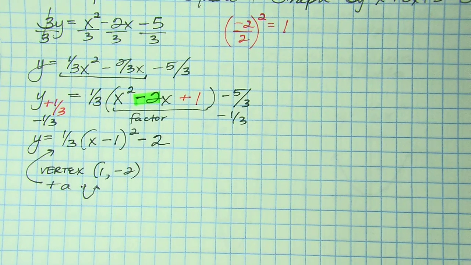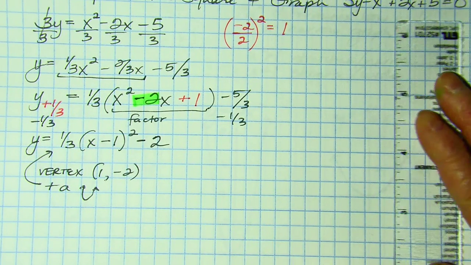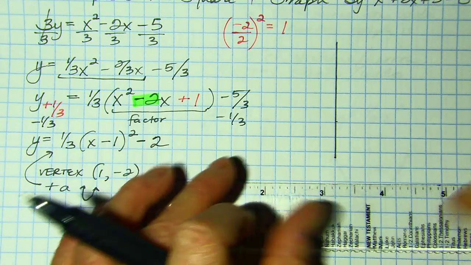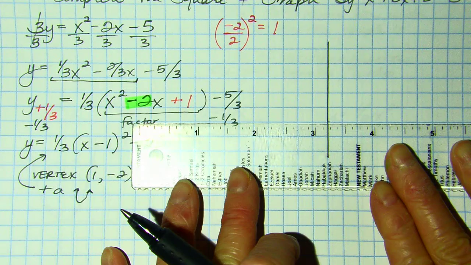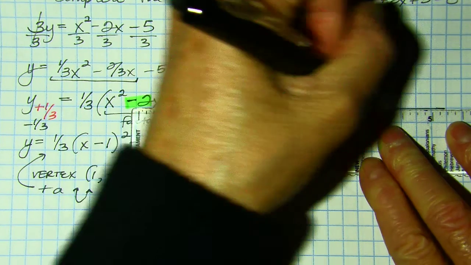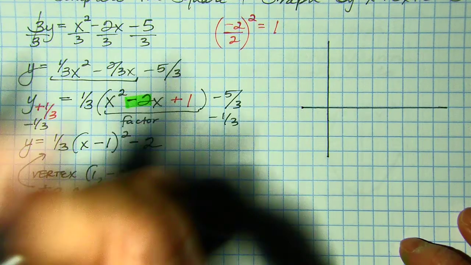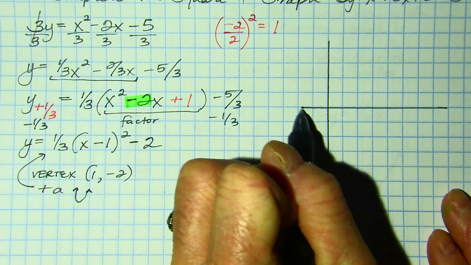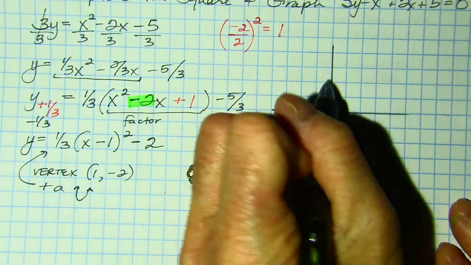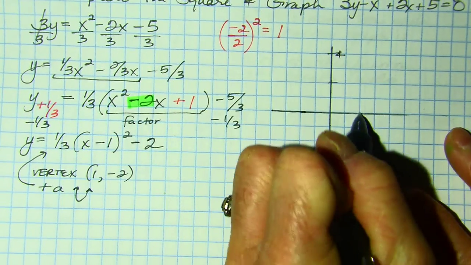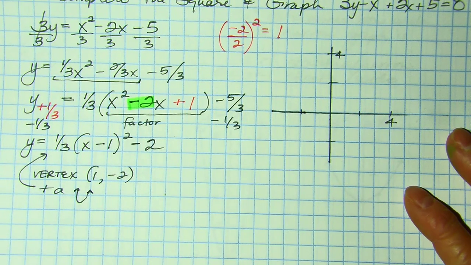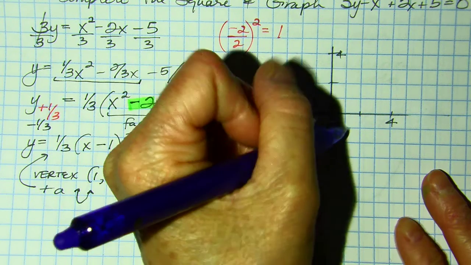So I'm going to graph this now. And I don't need a lot of room because all my values are going to be cut into thirds. All right, so I have a vertex at 1, negative 2.